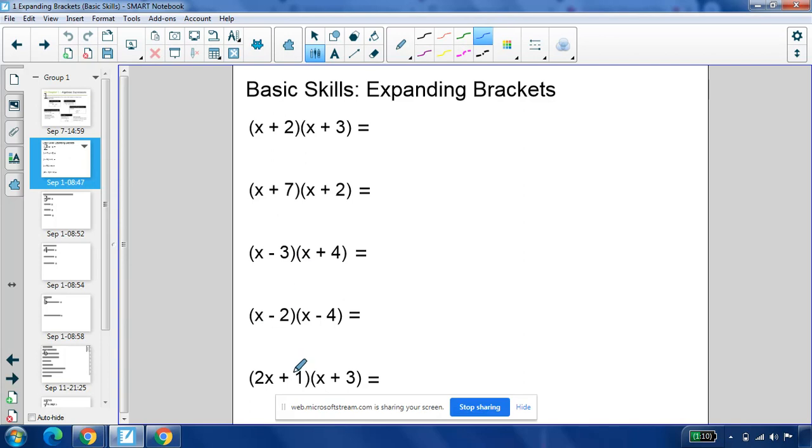Now, these examples here are exactly the same as your examples in the notes on page 2. So as I'm working through these, you can fill in the gaps and follow them through. So for this one, when I expand double brackets, I'm actually going to use the arches method.